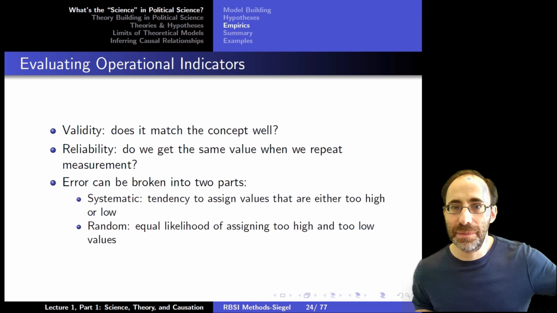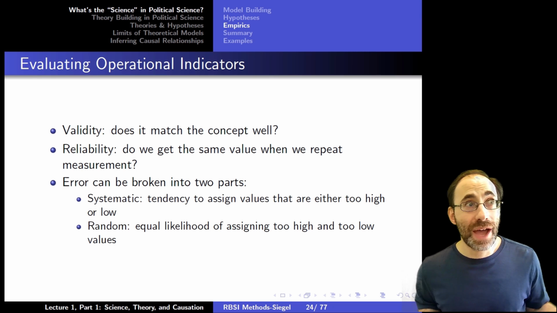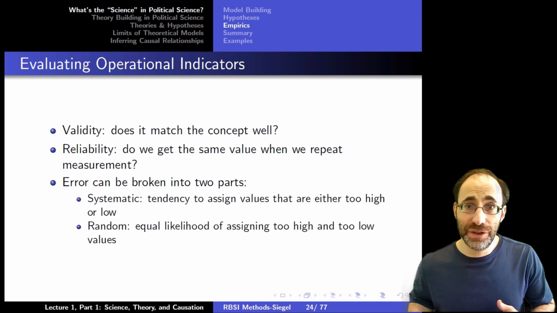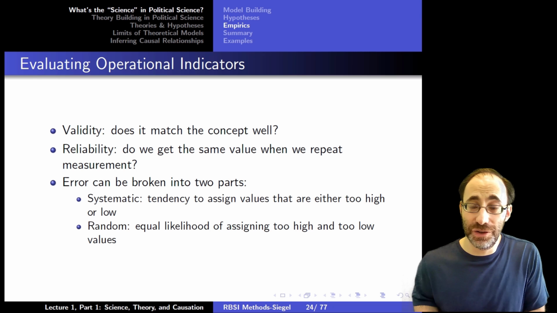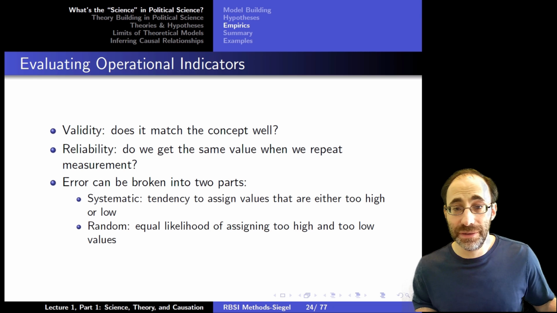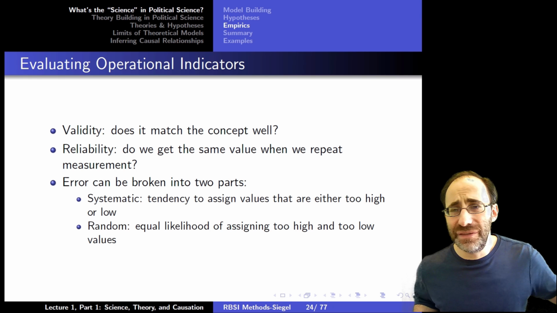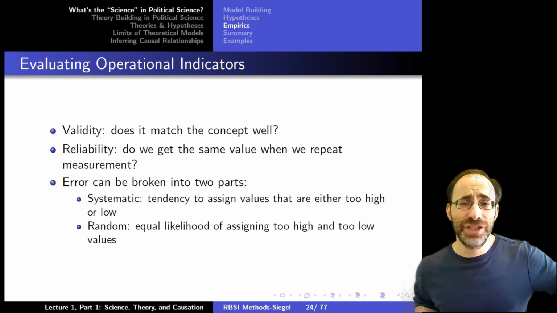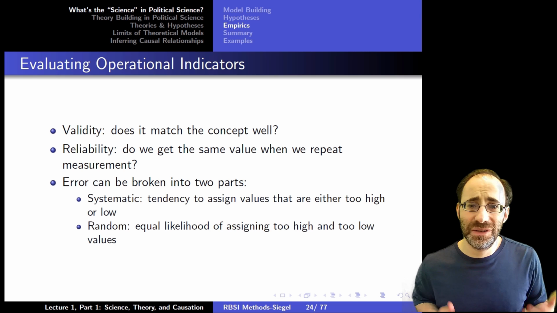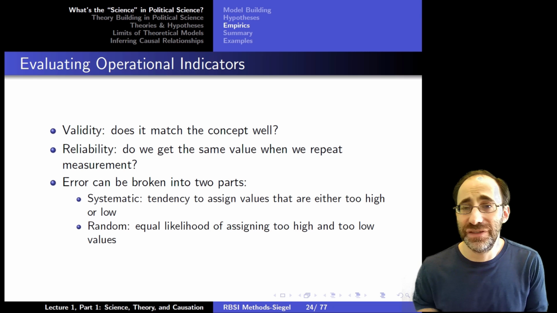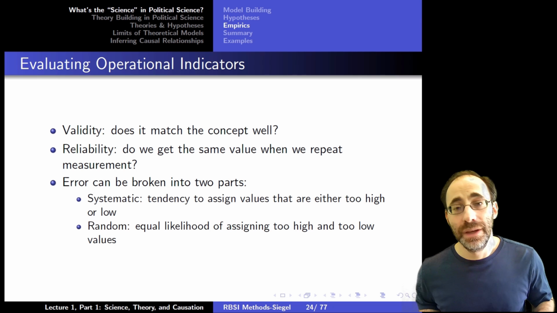You might also look at proxies that are much more removed from turnout, right? Like whether you were at home the day of the election. That's probably correlated with whether or not you voted, because if you're home all day, you probably didn't vote unless it was by mail, right? But it's not very well correlated probably. There's probably lots of reasons you could have left your house that didn't involve voting, so it's going to be a much poorer, much less valid measure of turnout.